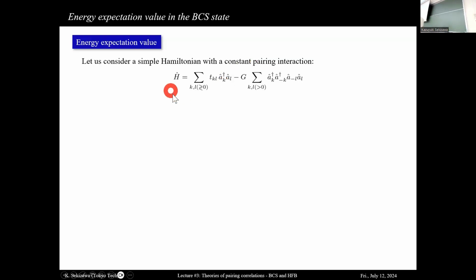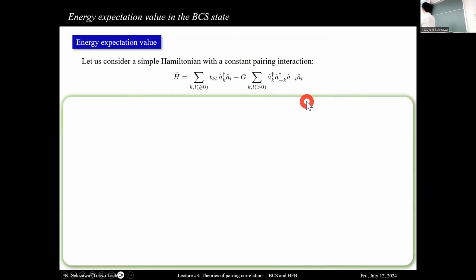For simplicity, I will assume a simple schematic Hamiltonian without two-body interactions, I mean, only the pairing interaction is present. The first term is a kinetic term, and the second term is the interaction acting between Cooper pairs. A pair is formed between k and minus k states. So those are the pairing interaction. Let's take the expectation value of this Hamiltonian.